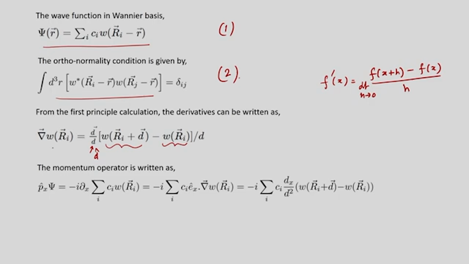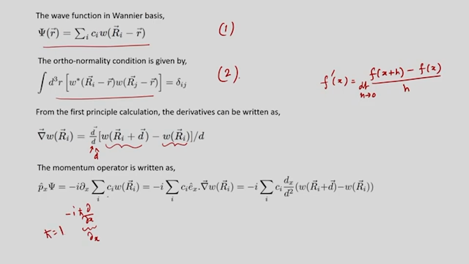Now why is that required? That is required because we need to write down the operation of the momentum on the wave function, and this momentum is written as minus i h cross del x. For del x there is a shorthand notation, which is del of x, and we have taken h cross equal to 1 without any loss of generality.